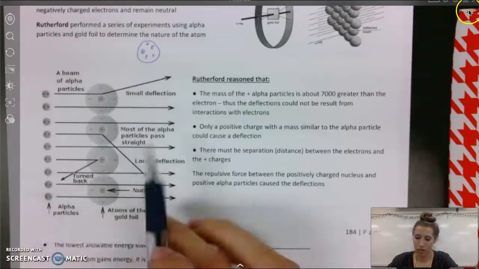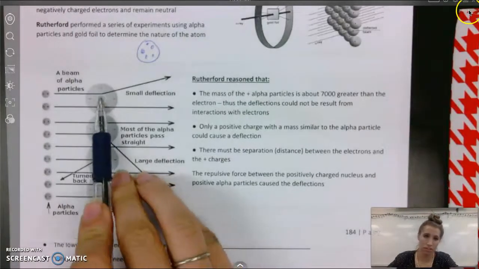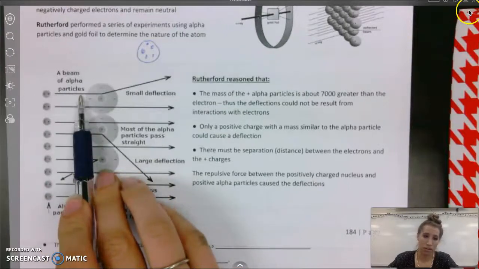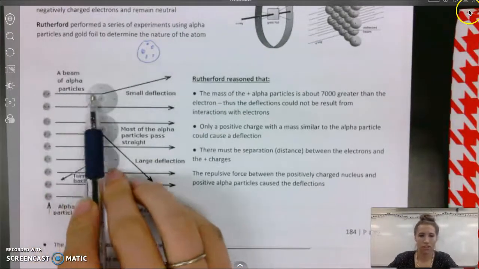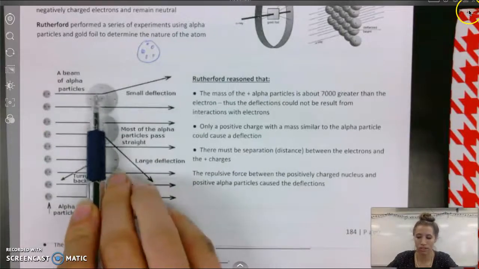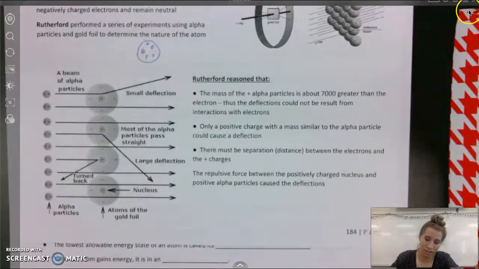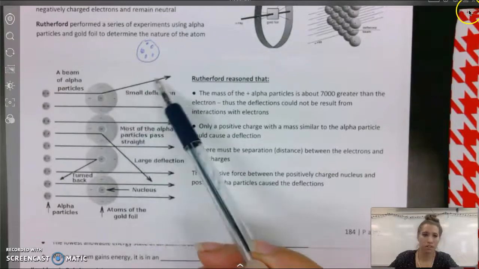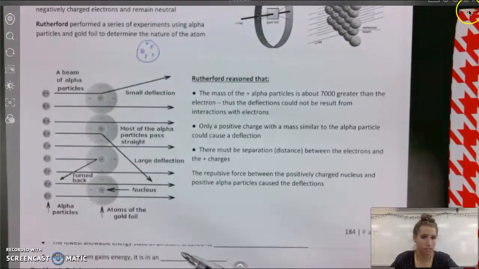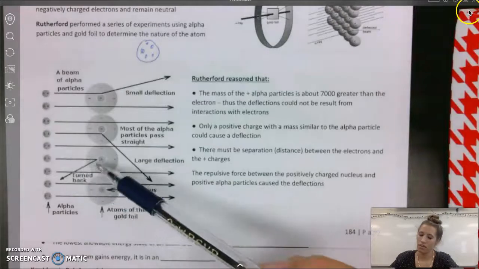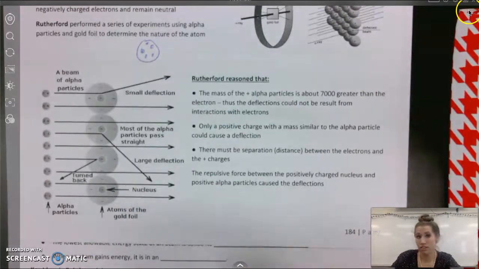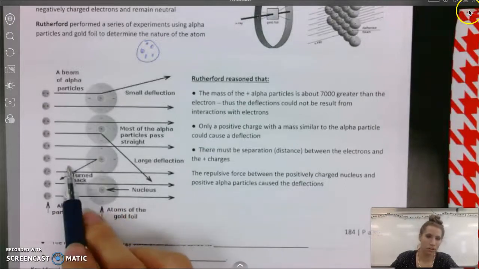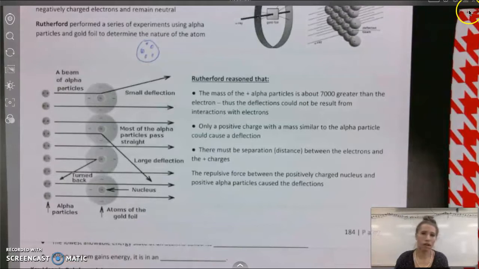Okay? So when I look at this, if the nucleus is positive and my alpha particle is positive, and let's say this alpha particle just comes close to the nucleus, then because of that electrostatic interaction, positives repelling each other, it's going to repel that alpha particle and we'll get a small deflection. Okay? And then if the alpha particle hits a nucleus head on, then we're going to get this big reflection back. It's going to bounce off of it.